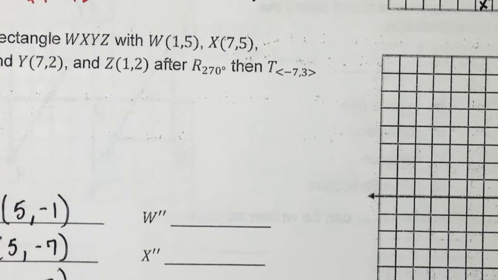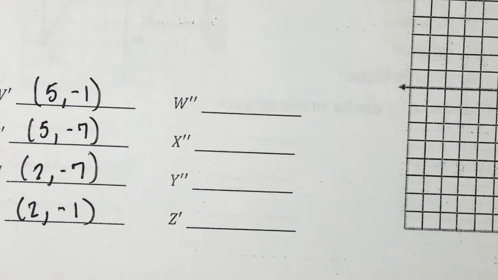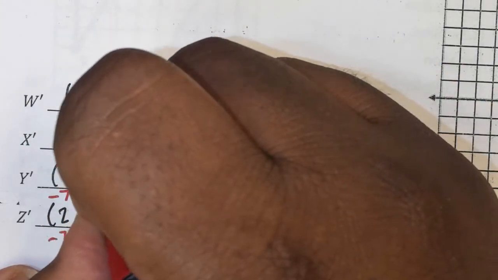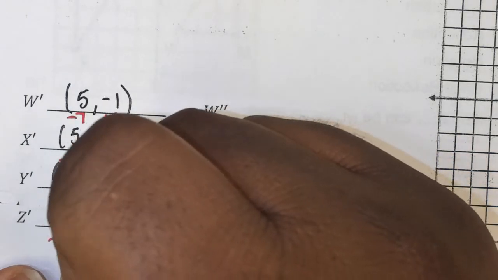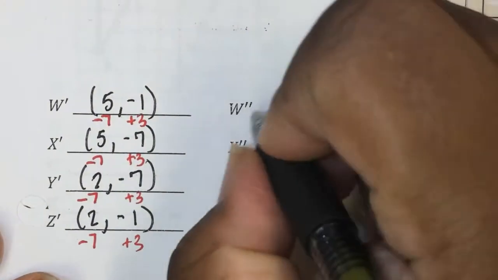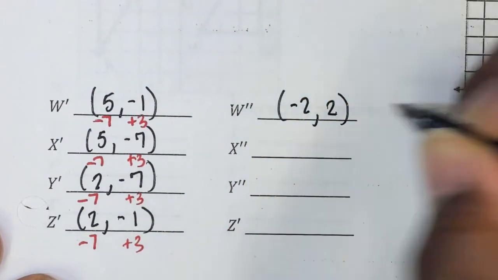And they said -7, 3. Once again, I'm not counting that because I don't be feeling like counting. I'm subtracting 7 from each X, and I'm going to add a 3 to my Y's. And I'm going to just calculate my new coordinates. In my head, that's -2, comma 2.